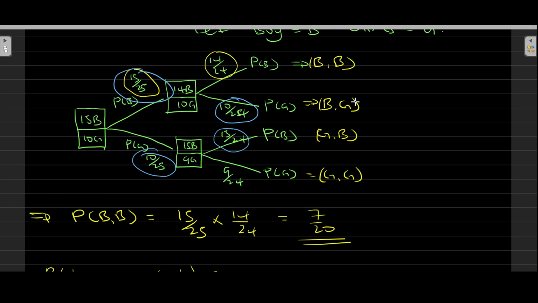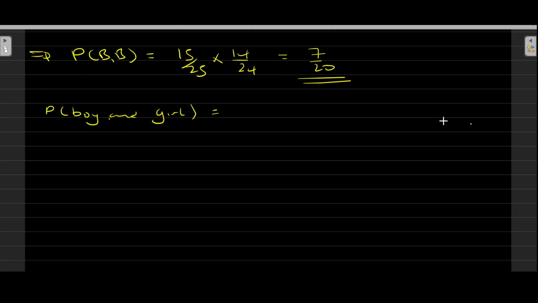Therefore, we shall take this line. It will be 15 out of 25 times 10 out of 24. Also, I'll take this route to be 10 out of 25 times 15 out of 24. If I multiply these two and add them, then I'll be able to get that probability.